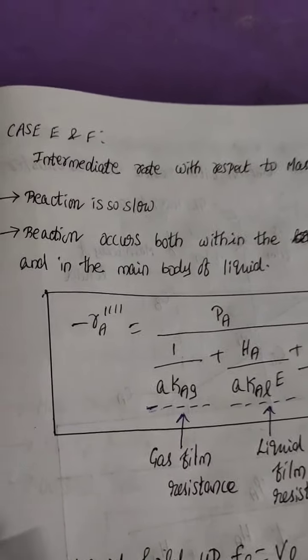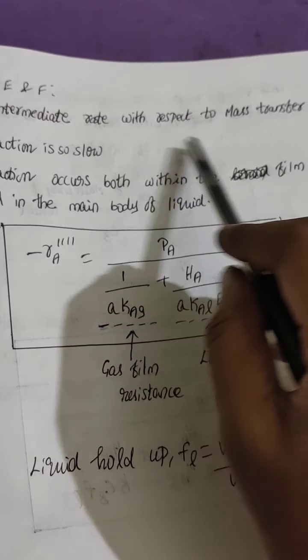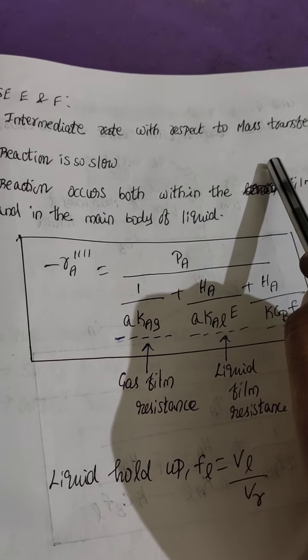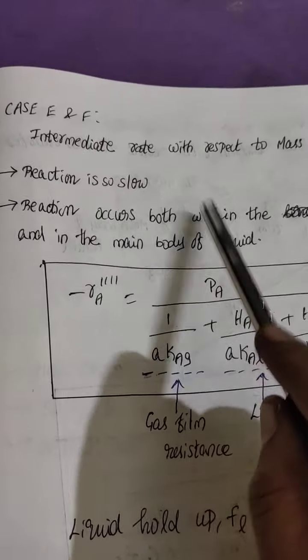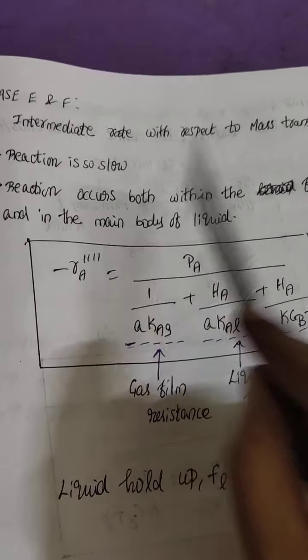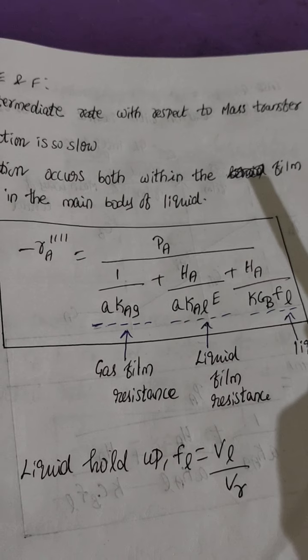Next we are going to see cases E and F, and these are going to be combined together. This is the intermediate rate with respect to mass transfer. So here we are going to consider that the reaction is so slow. Since the reaction is very slow, what will happen? It will have plenty of time for the reaction to take place.